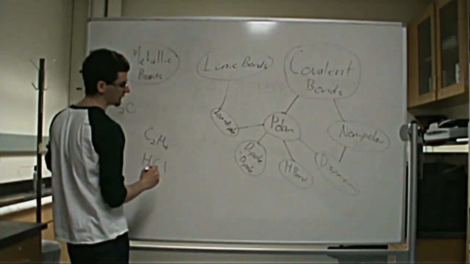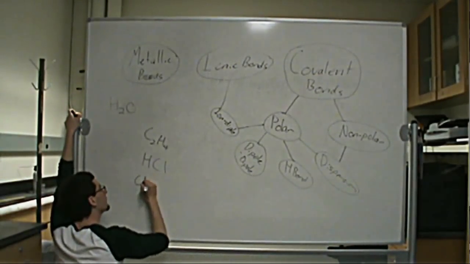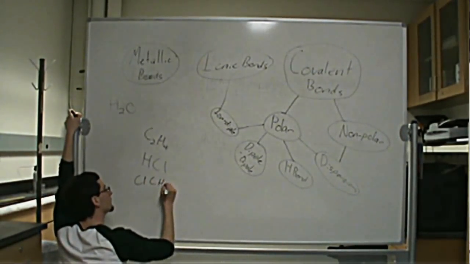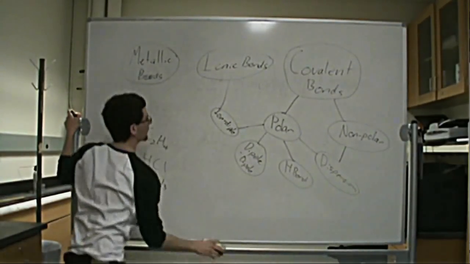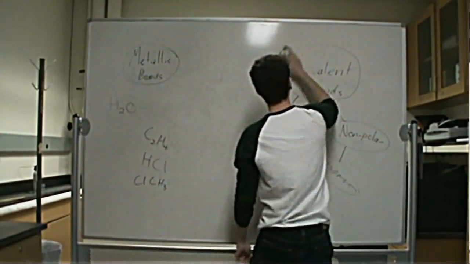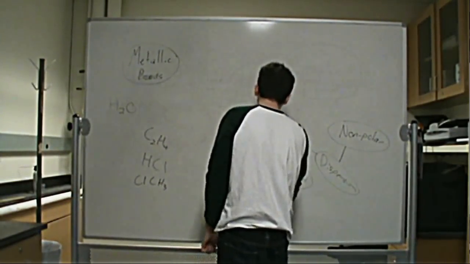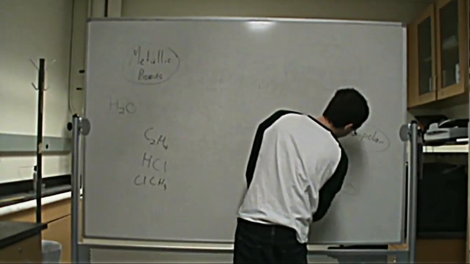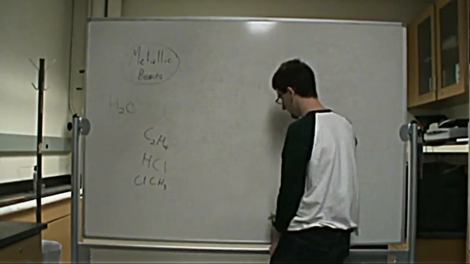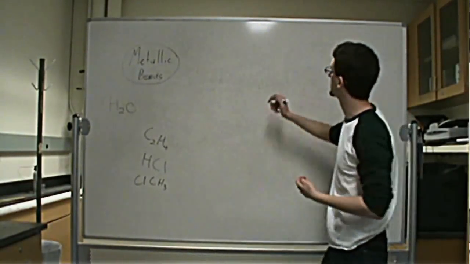And then let's go with ClCH3. So, which is the most likely to be dissolved in water? Is a good question. Well, if you've been in lab, you may know the answer to this question already, but let's figure it out. So we have to draw dipole moments for these guys.